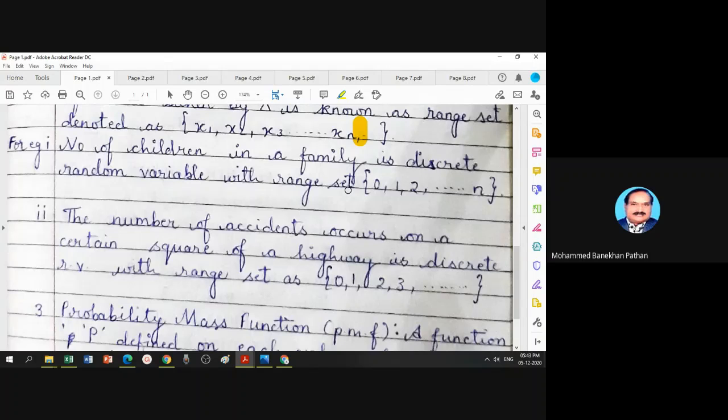If you take a survey and try to make a record of how many children are in a family, the possible values you will get are 0, since there may be a family having no child, then 1, 2, and continue up to some finite number small n. So this is nothing but the range set, and what I wrote, number of children in a family, is called a discrete random variable.